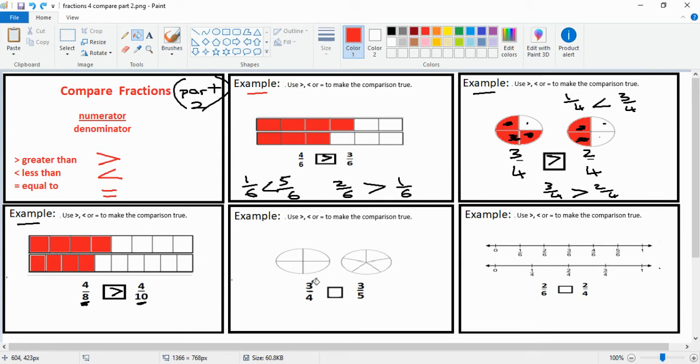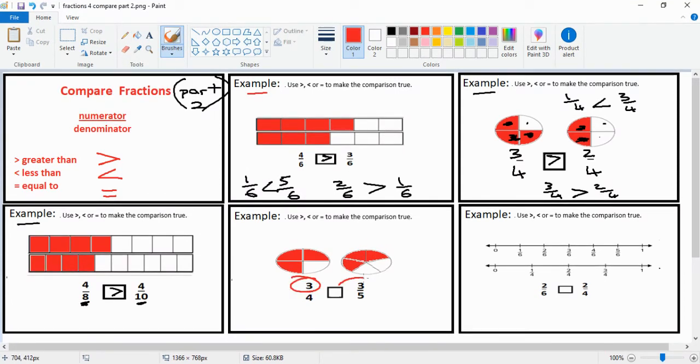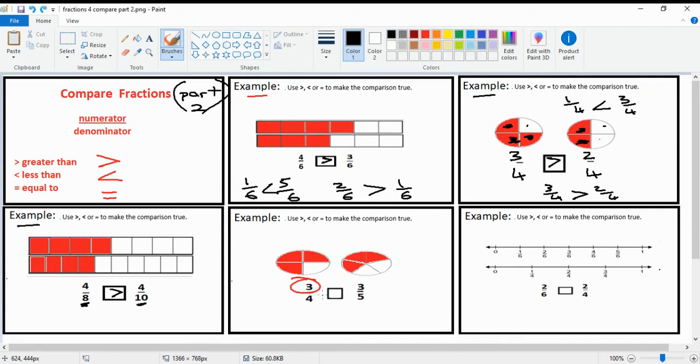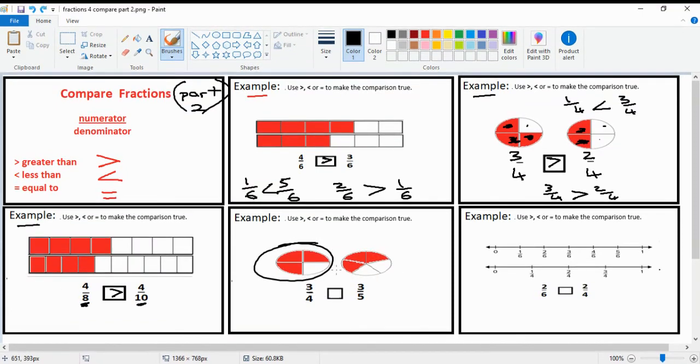We'll see how we get on. We've got 3/4 and 3/5, so I'm just going to colour in 3 out of the 4 here. 3/4 and 3/5. 1, 2, 3/5. Similar type of question in that the numerator, the top number is the same. So we can use the visual representation here to help us.